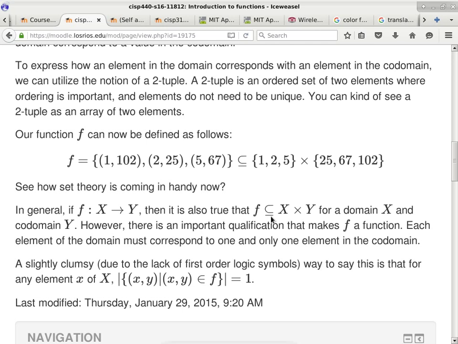So in that case, the function has to be just a subset of, because it is exactly the same as the Cartesian product. That's why in general I cannot say it's a proper subset of. Even though in most cases it is a proper subset, there are special cases where x only has one element and y only has one element, so I cannot say it is a proper subset of. That's why in general, I can only say subset of.